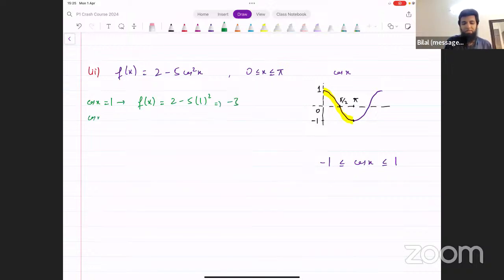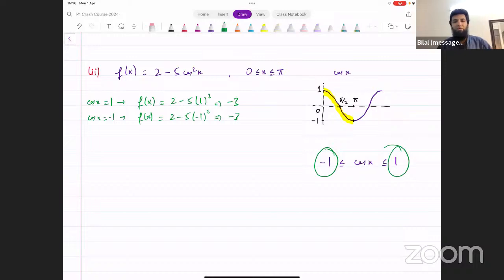If I input cos x equals -1, now since cos has a square on it, 2 minus 5 into -1 whole square, that's also giving -3. -1 and 1, both of them are going to give me the same value. The reason for that is we have cos square. If we input 1 in that, it's still 1. If we input -1, that's still 1.